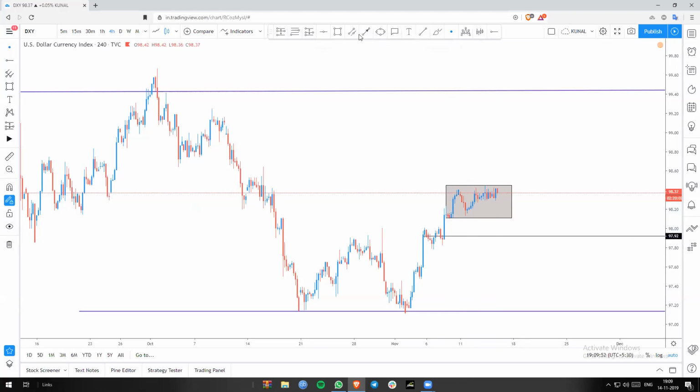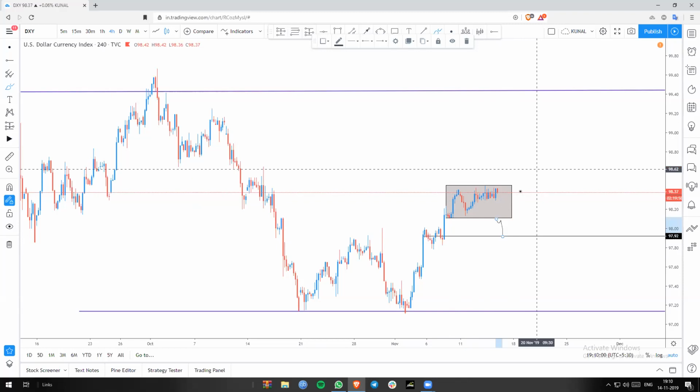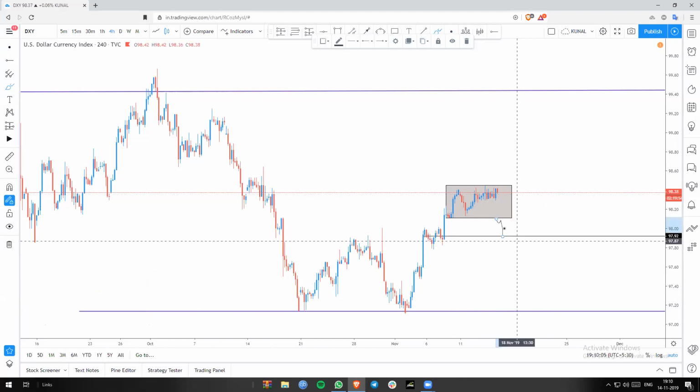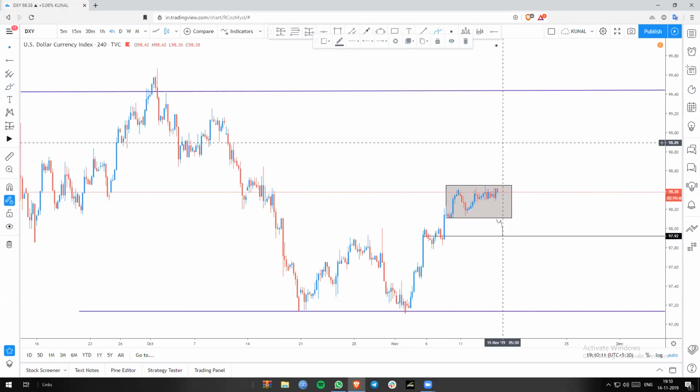This might look like a break, a retest and then a continuation to the downside. I don't have to predict everything that's happening on the chart, I just need to know what the next move is. That's my ideology behind the chart.